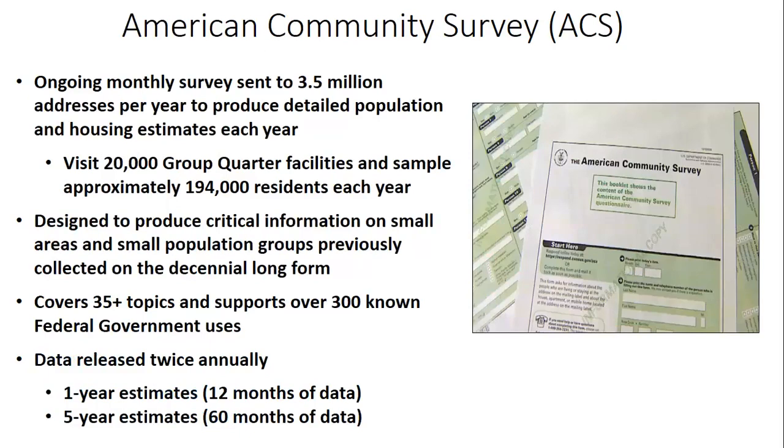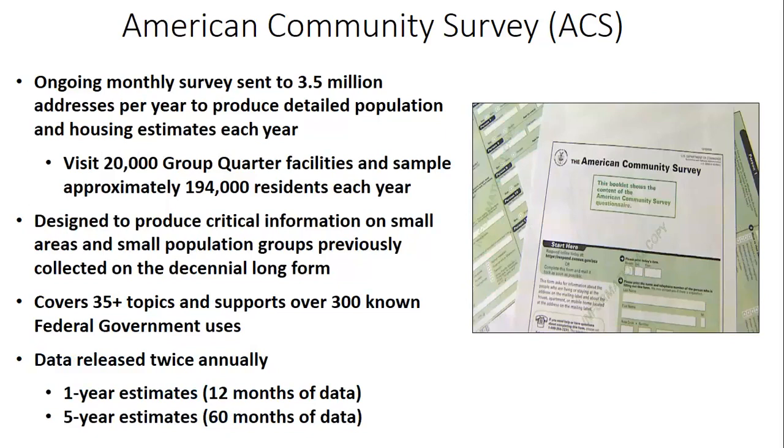Now, in addition to the decennial census, we have the American Community Survey, ACS. ACS replaced the long form on the census after Census 2000. ACS is an ongoing monthly survey sent to 3.5 million addresses per year, so that's over 250,000 a month. It produces detailed population and housing estimates every year.